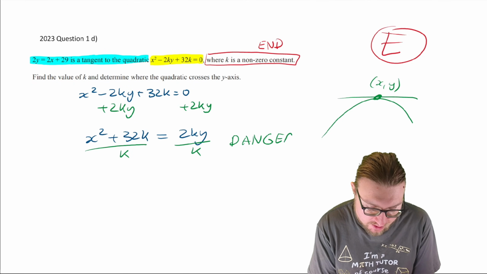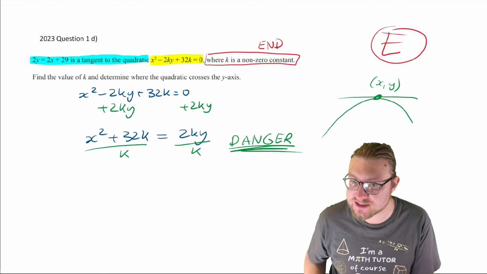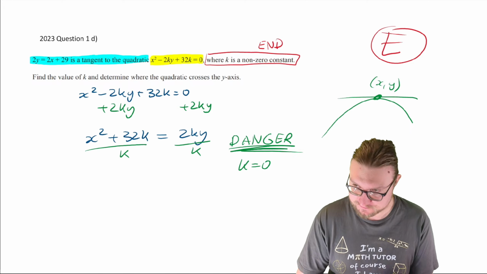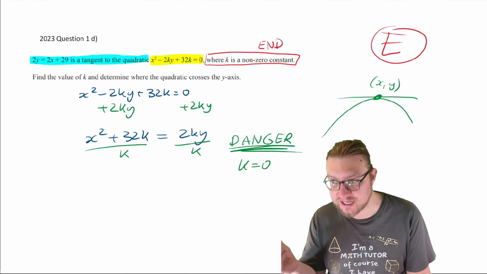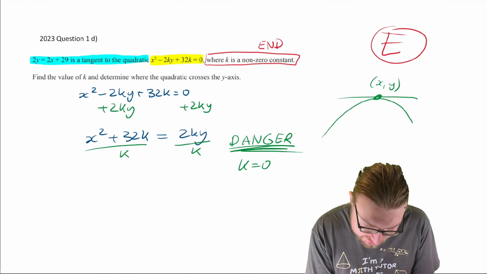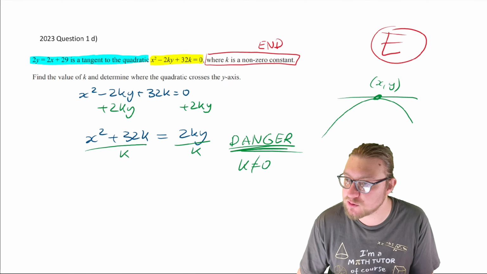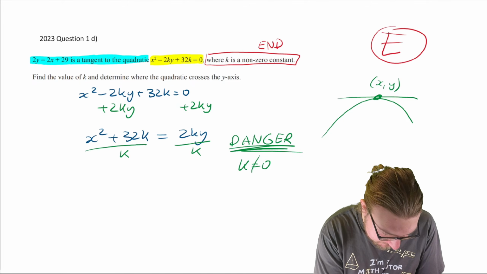We always need to be careful because this is where things break in algebra. That happens if k is equal to 0 or could potentially be 0. But because it's telling us it's non-zero, we're okay, so we can do this step.